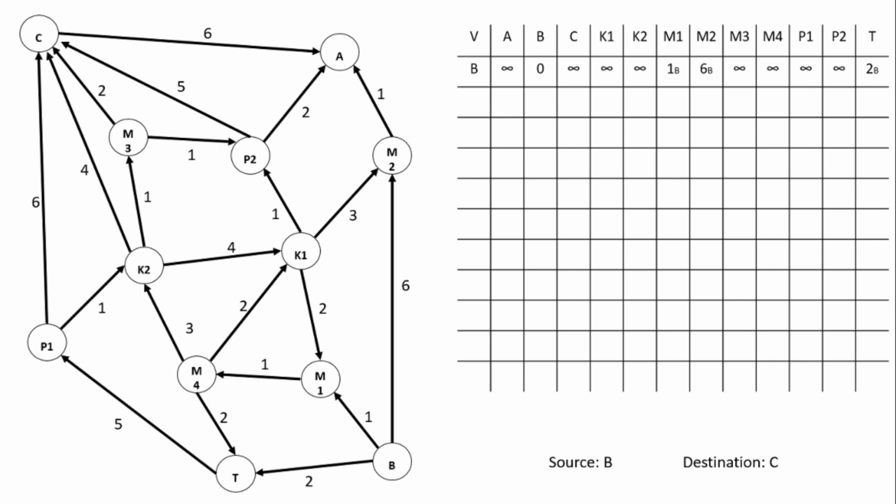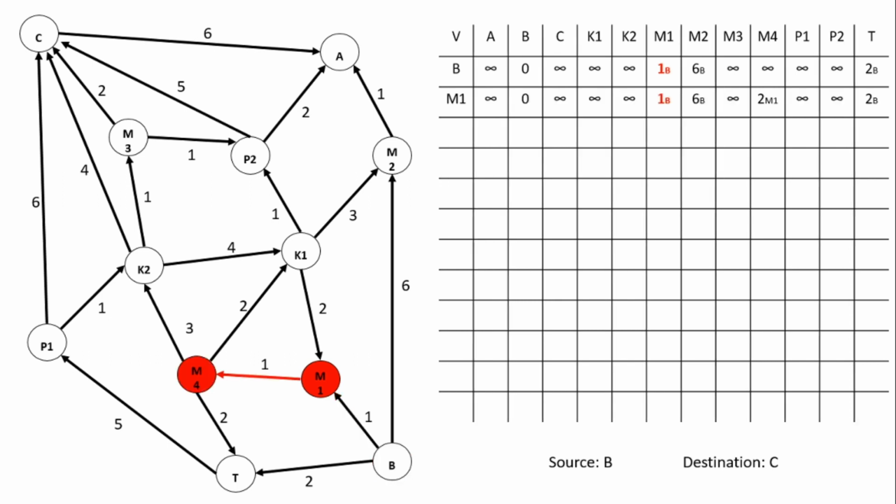Next, take the vertex with the smallest distance from the previous vertex, which is vertex M1. Then M1 will visit M4, since K1 is not reachable from M1. So then add M1 and M4, and we will have a total distance of 2 coming from M1.